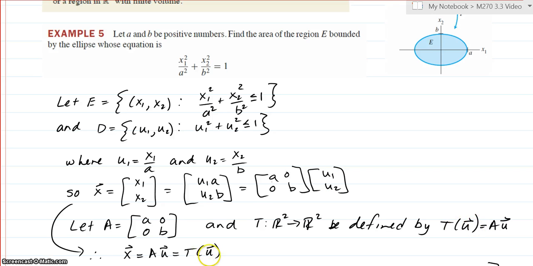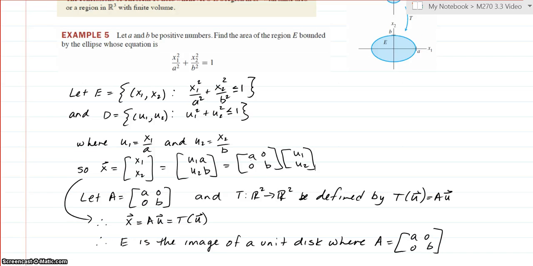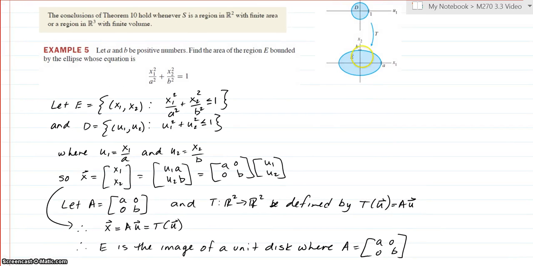So that tells us that E, let's make this smaller so we can see that, E is the image of this unit circle. So right here's the unit circle, and E is the image of that unit circle, where A is this matrix.